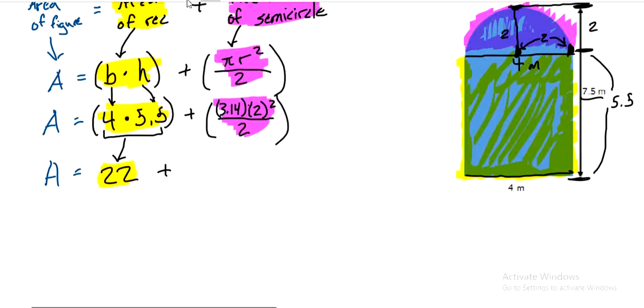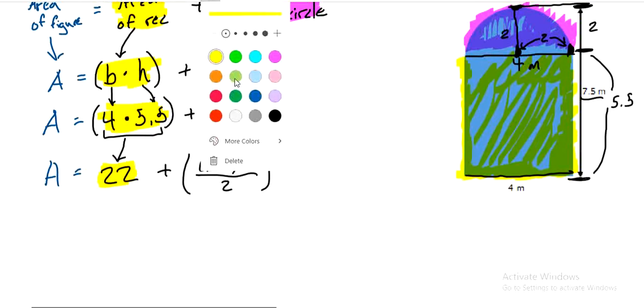Next up, we got to find the area of the semicircle. Gonna need a few steps in this one. First, we'll do 2 to the second. We'll follow that order of operations telling us to solve exponents before multiplication. So 2 to the second, 2 times 2 gives us that 4. And it's still over 2.